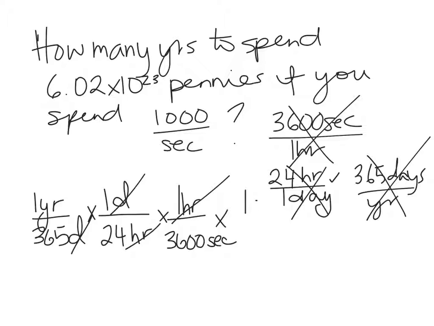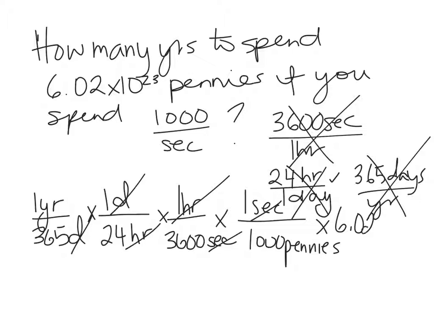I know in 1 second I can spend 1,000 pennies. So seconds cancel. But now I've got pennies. Do I have another ratio that's got pennies in it? Yes. What's the number? 6. The Avogadro number. Yep. There we go.